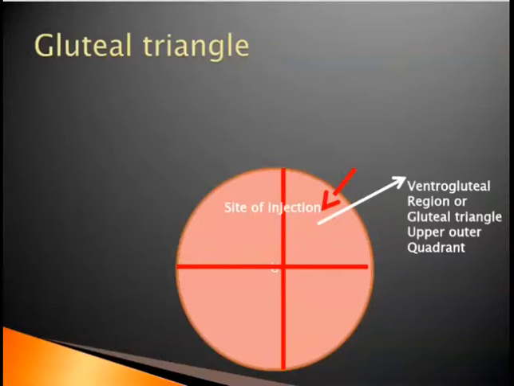And the picture showing the gluteal triangle or ventrogluteal region, and the red arrow is showing where the injection has to be given. That is in the outer upper quadrant.